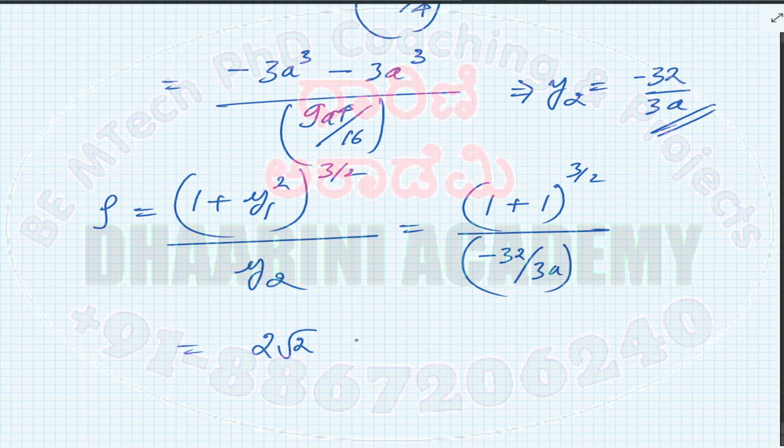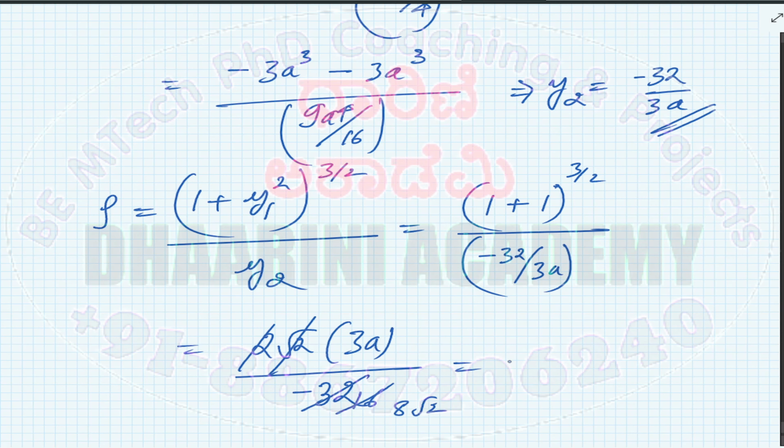Okay, I can write this as, this is equal to 2 to the power 3 by 2 is a 2 root 2. Okay, 2 root 2, denominator has a 3a which goes to the numerator, into this is divided by minus 32. So 2 cancels with the 32 as 16, right? So root 2 cancels with 16 as 8 root 2.